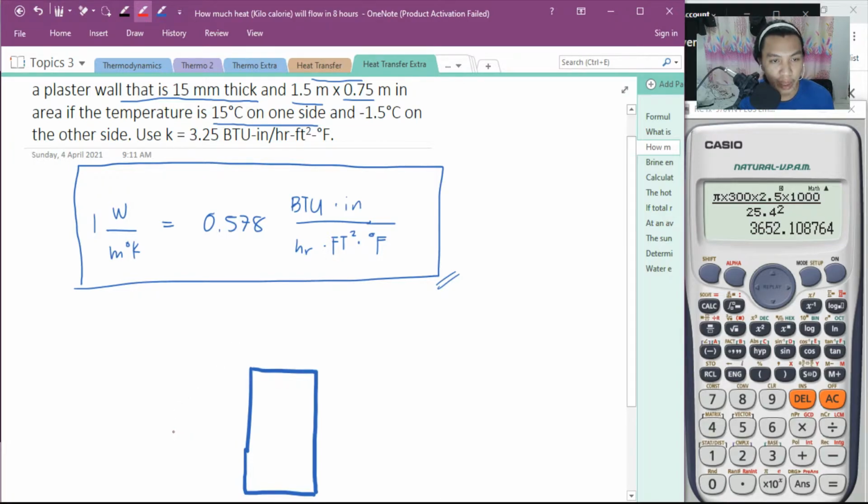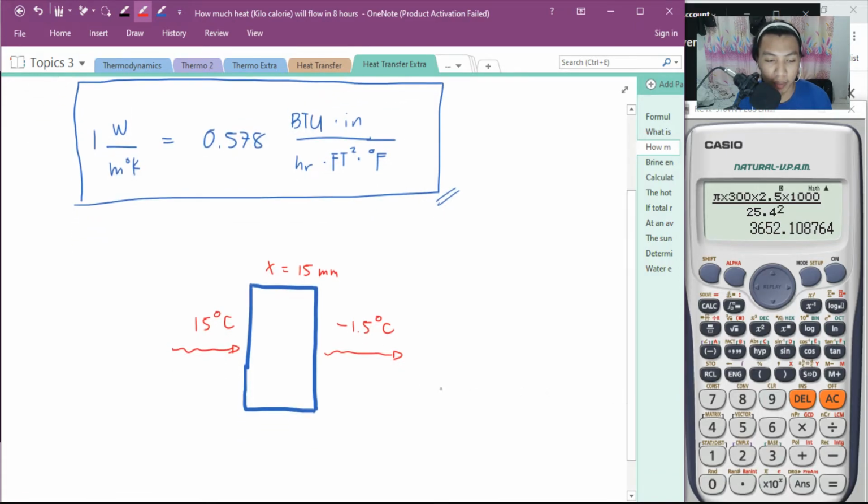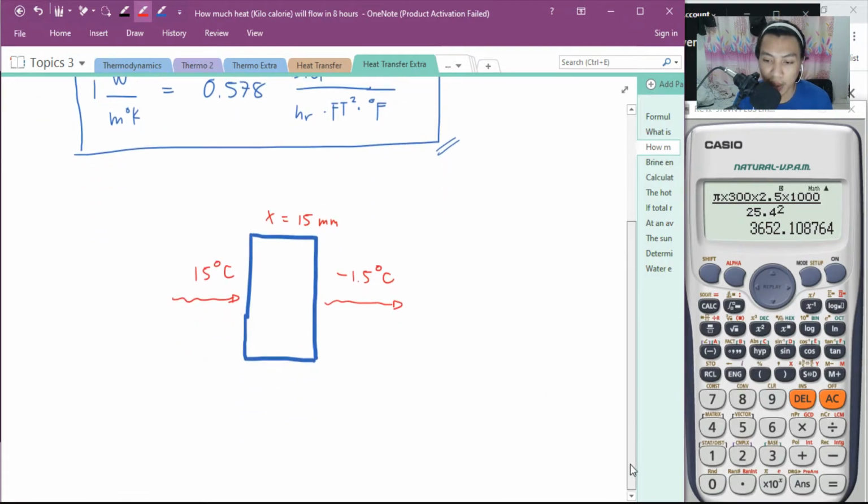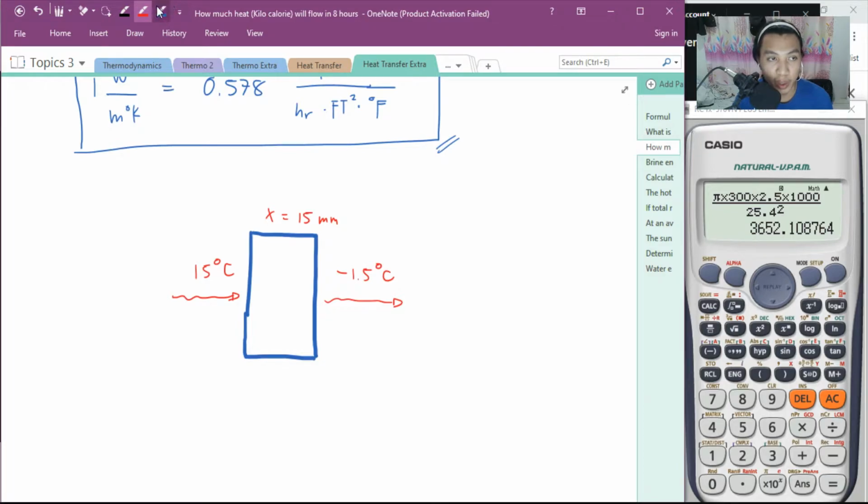So, from hot side to the cold side. So, cold side, negative 1.5 degrees Celsius. 15 degrees Celsius. Yung X niya is 15 mm. And then the area. Given naman dyan.